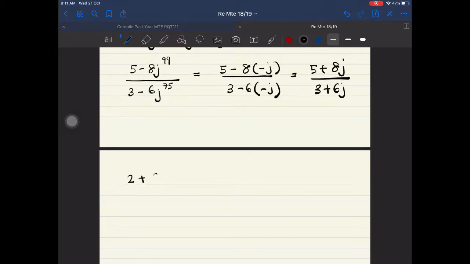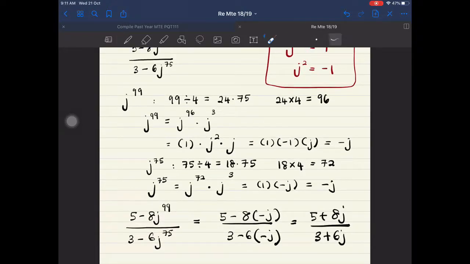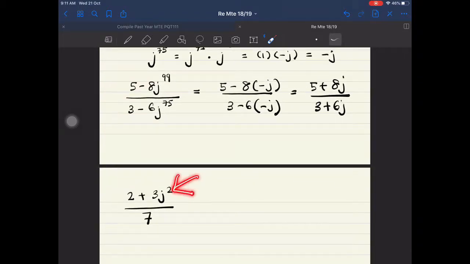2 plus 3j squared over 7. So you know that j squared is equals to negative 1. So you just substitute right into here.